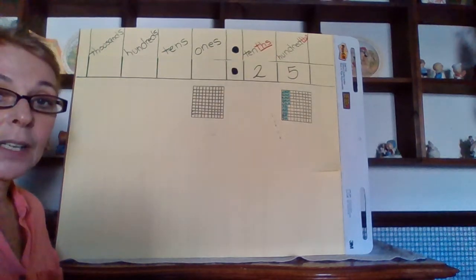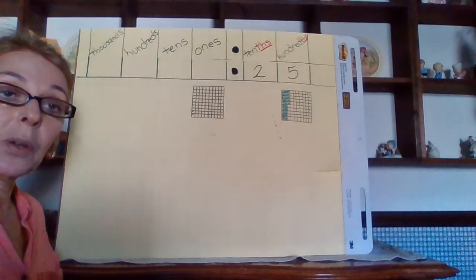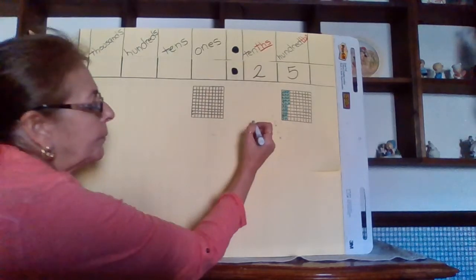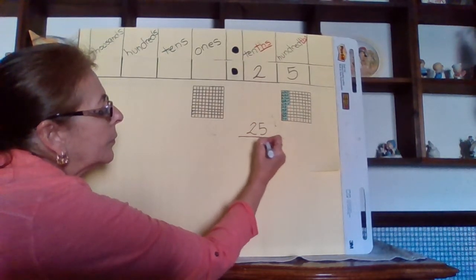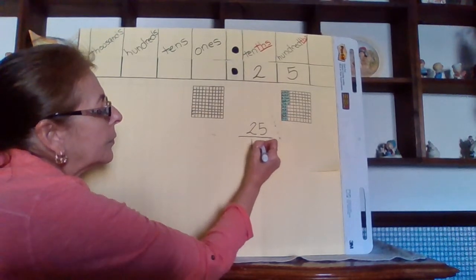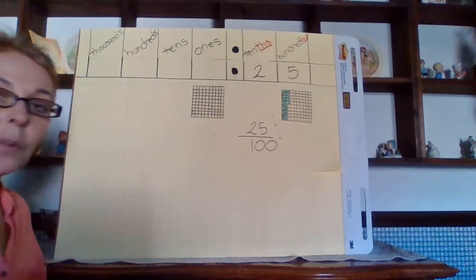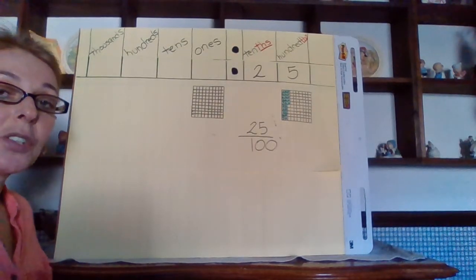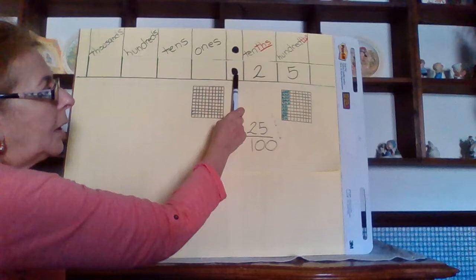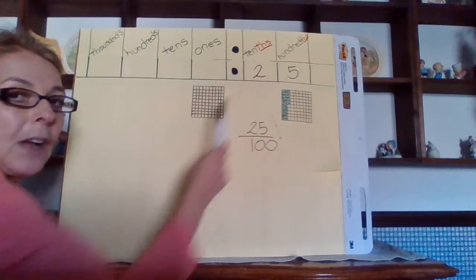25 hundredths, and again, we know how to write that as a fraction. 25 hundredths is equivalent to my decimal number, 0.25.